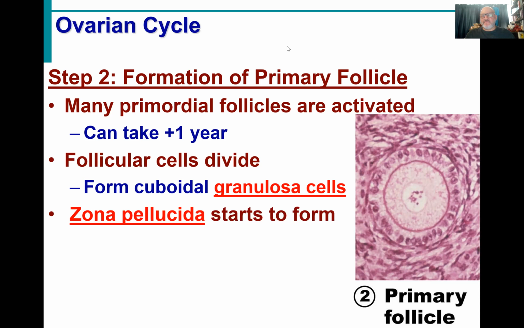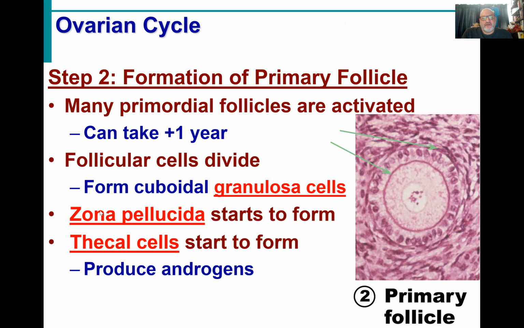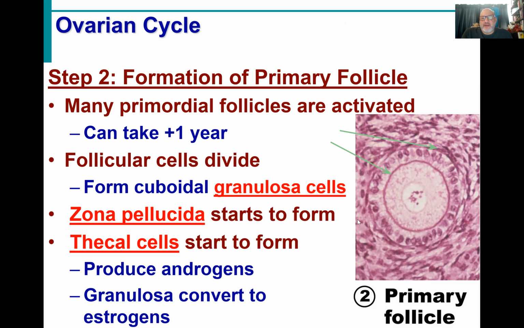Notice we start to see the very beginning of the formation of that dark line, which is the Zona Pellucida, that glycogen-rich layer. Notice we see the very beginning of our thecal cells starting to form on the outer surface. And those thecal cells make the androgens that the granulosa cells use to make estrogens.